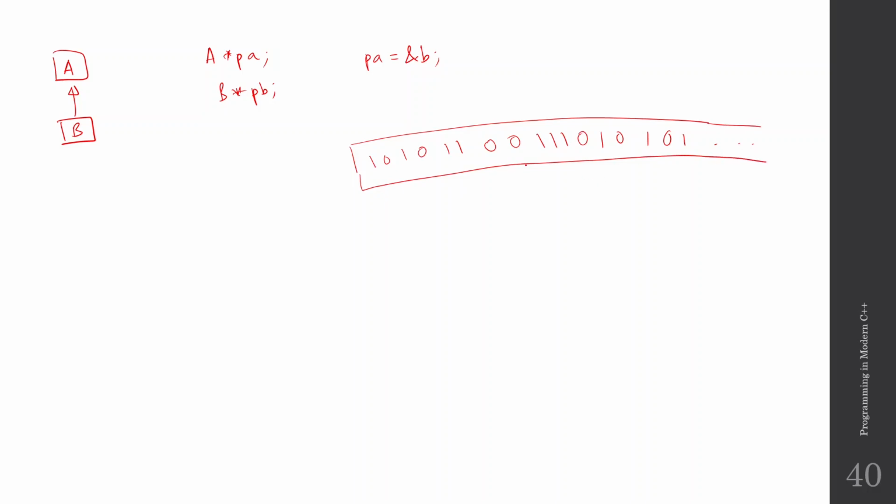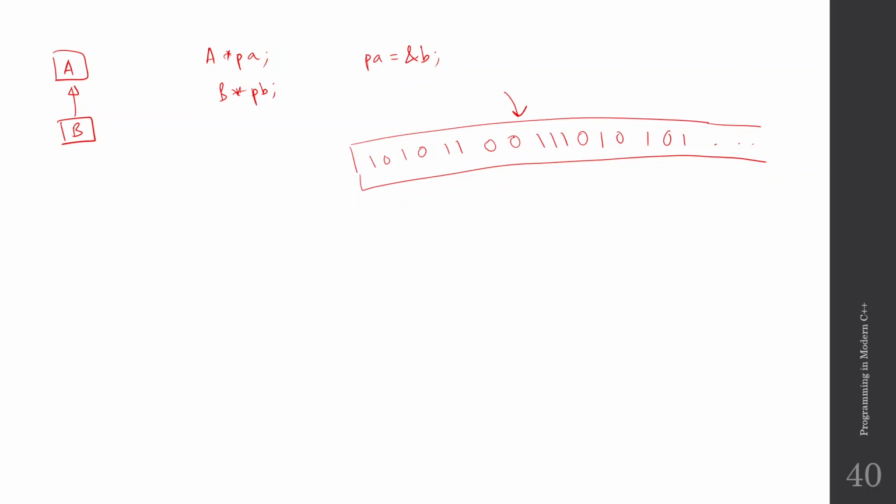If you look at your computer's RAM or memory, it will be a stream of ones and zeros like this. A pointer is a pointer to a memory address, and based on the pointer's type, the data is interpreted in that way.